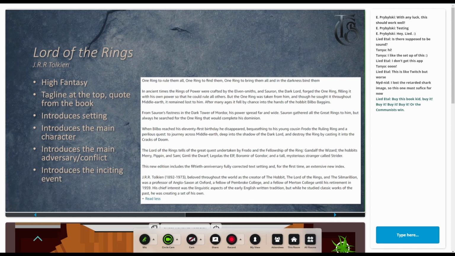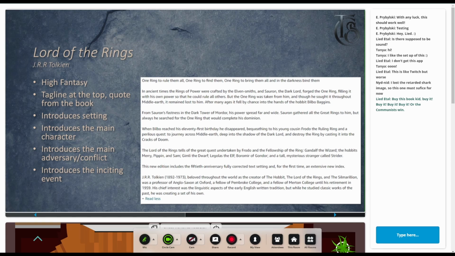The Lord of the Rings tells of the great quest undertaken by Frodo and the Fellowship of the Ring, Gandalf the Wizard, the Hobbits, Merry, Pippin, and Sam, Gimli the Dwarf, Legolas the Elf, Boromir of Gondor, and a tall, mysterious stranger called Strider. This new edition includes the 50th anniversary fully corrected text setting and for the first time an extensive new index.